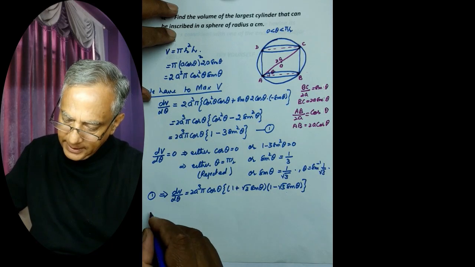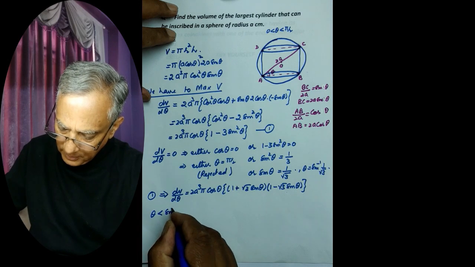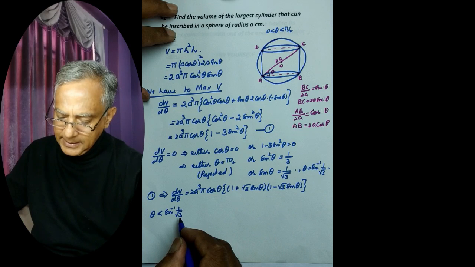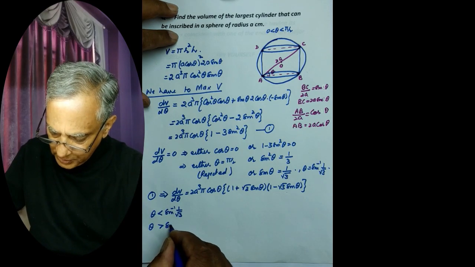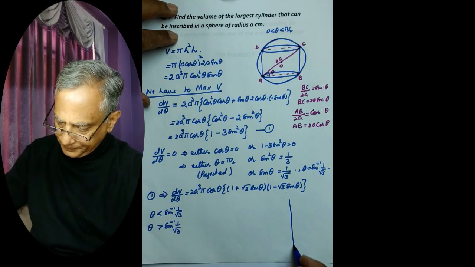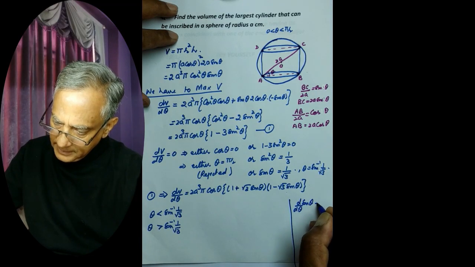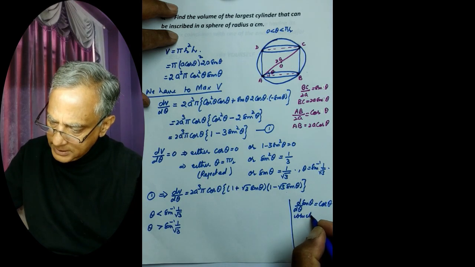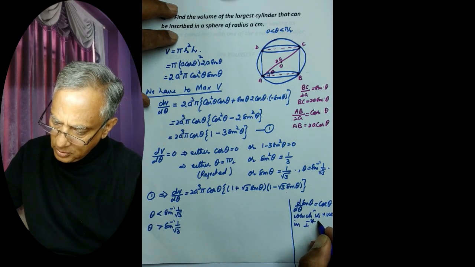Now we find the sign of dV by d theta for theta less than sine inverse 1 by root 3 and for theta greater than sine inverse 1 by root 3. Now d by d theta of sine theta is cos theta, which is positive in the first quadrant.